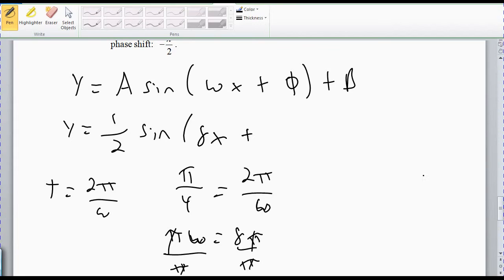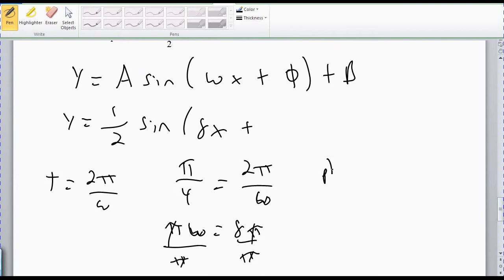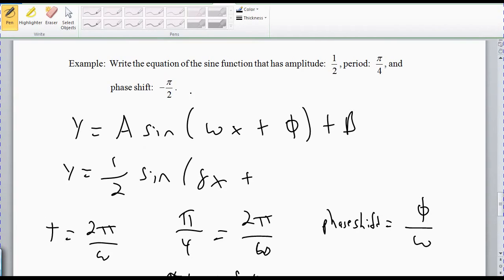So now I have 8x plus, I now need my phi. Now we can use the phase shift to find that. So the formula for the phase shift is the phase shift equals phi over omega. And the phase shift is given to be negative pi over 2.